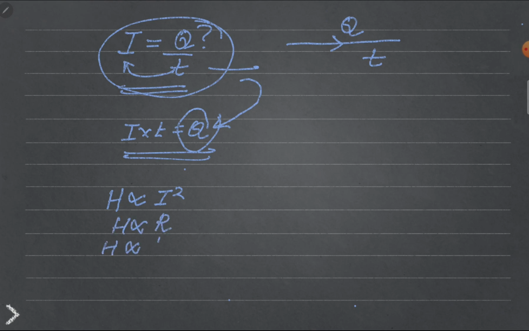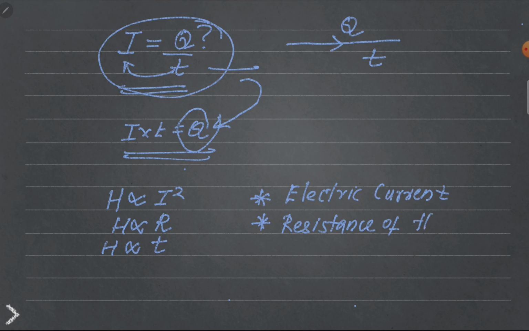So simply we can write that the factors influencing the heat can be electric current, then resistance of the conductor, then time of flow of current.